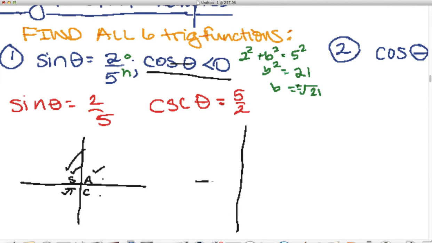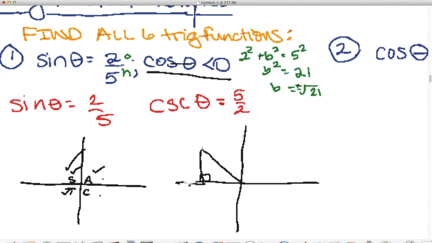So what you do then is use your triangle in the second quadrant. Always connect with the x-axis, never the y, same thing with the reference angles, right? It's supposed to be perpendicular, so that we can form a right triangle and use your right triangle geometry.